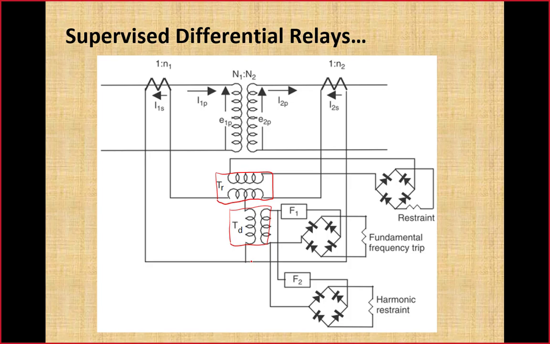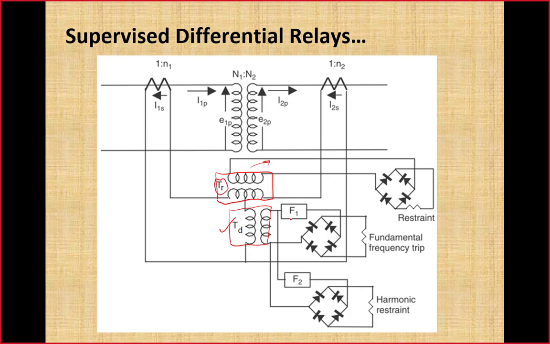We use these two auxiliary transformers just to take the two currents for further processing. The output of the auxiliary transformer TR will be used directly for restraining, as is done in a percentage differential relay, so it will block the operation of the relay. The output of TD is from the current transformer connected in the differential branch, which is why we call it the differential transformer.